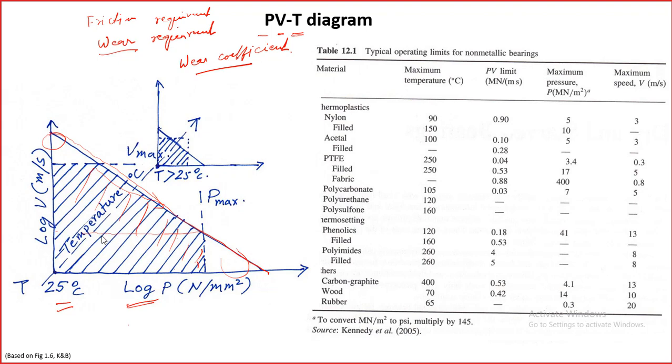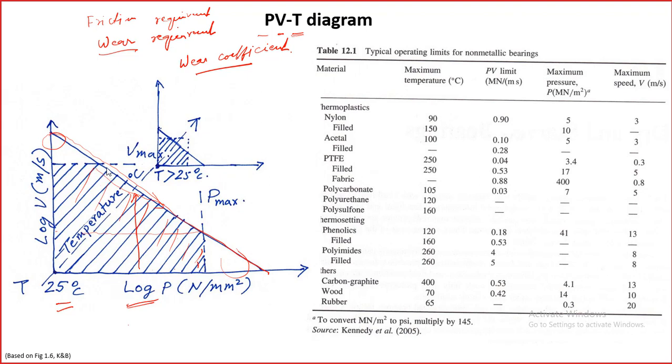So in the wear requirement you will measure wear, whereas in friction requirement you will measure friction, and you will fix one and vary the other. Either you fix the speed and vary the load, or you fix the load and vary the speed.